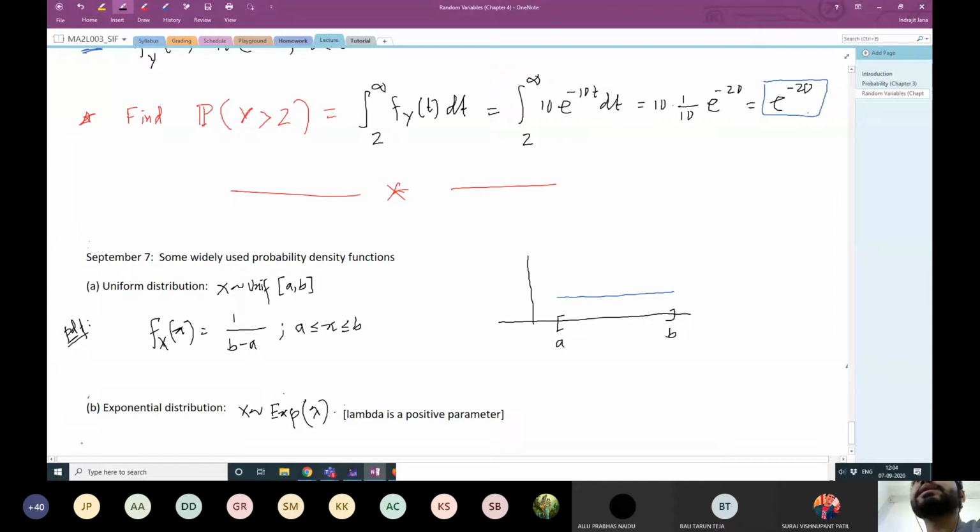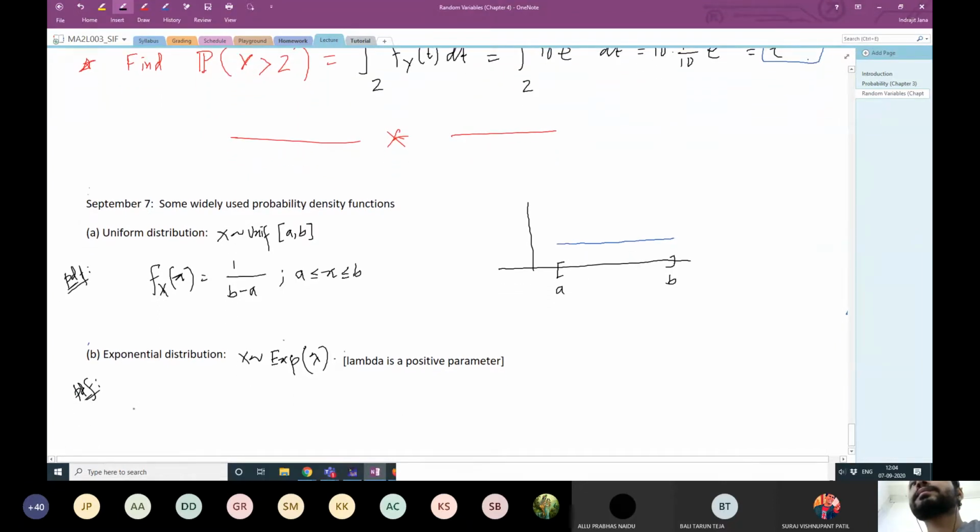The PDF here is given by f_X(x) is equal to lambda e to the power negative lambda x, and x is positive. The graph of this looks like this.